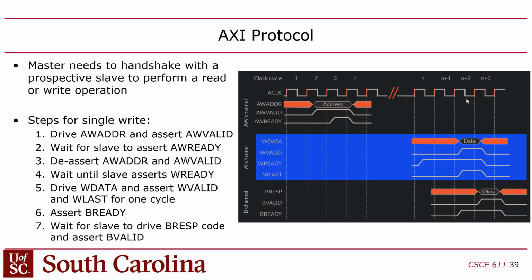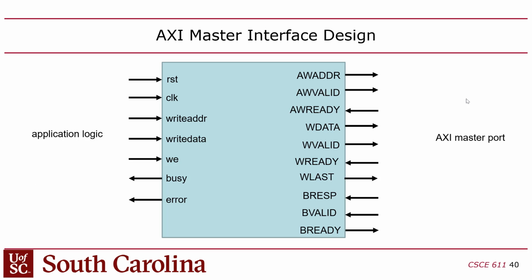Now this is real. Like I said, this is what everyone's using right now on ARM-based systems. So how would I design an interface? For example, if I wanted to allow the CPU design in this class to be AXI compliant, then you could take your CPU and drop it into anyone's cell phone, and it will be a master in there.